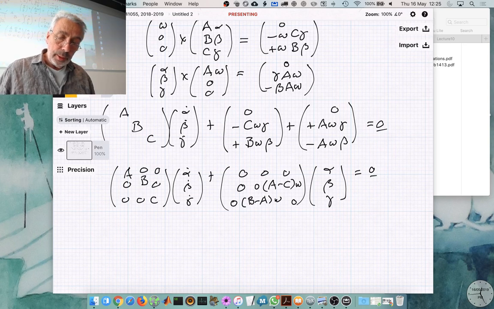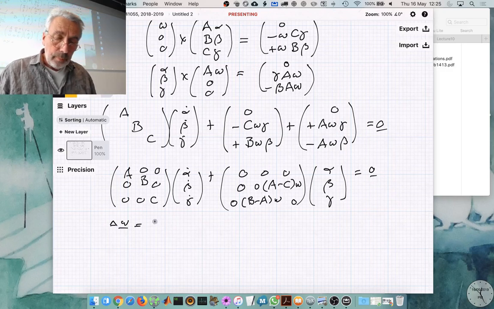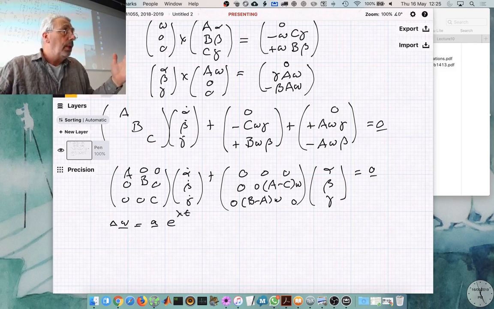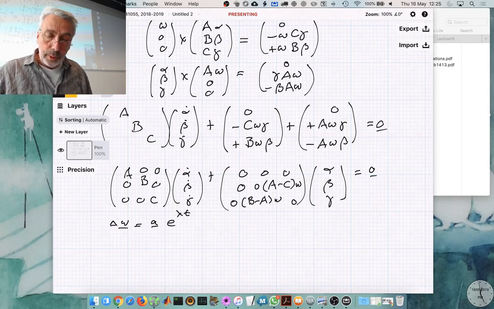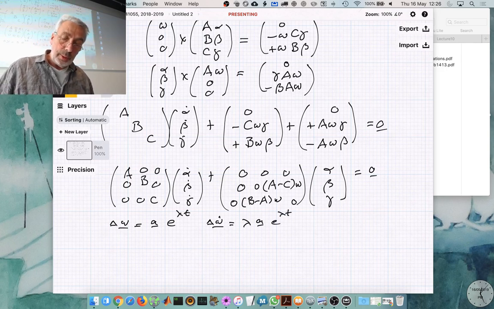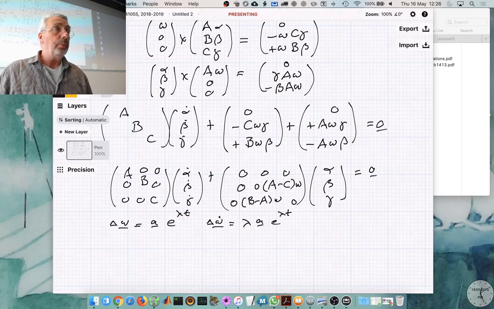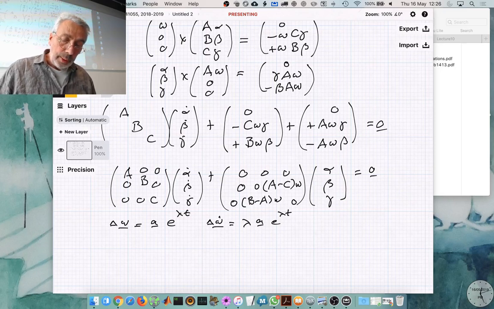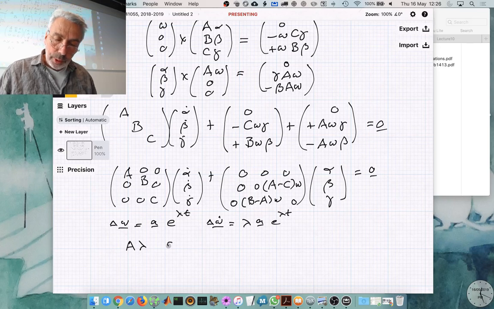And here A, B, C. Now, if we assume that our delta omega is some amplitude times e to the power lambda t, we expect some exponential motions, that's the way how we solve that, then our delta omega dot is lambda a e to the power lambda t, and then of course we substitute that in the equation, and then we get an eigenvalue problem. So the eigenvalue problem we finally end up with is A lambda, and then plus 0, and here also zeros.